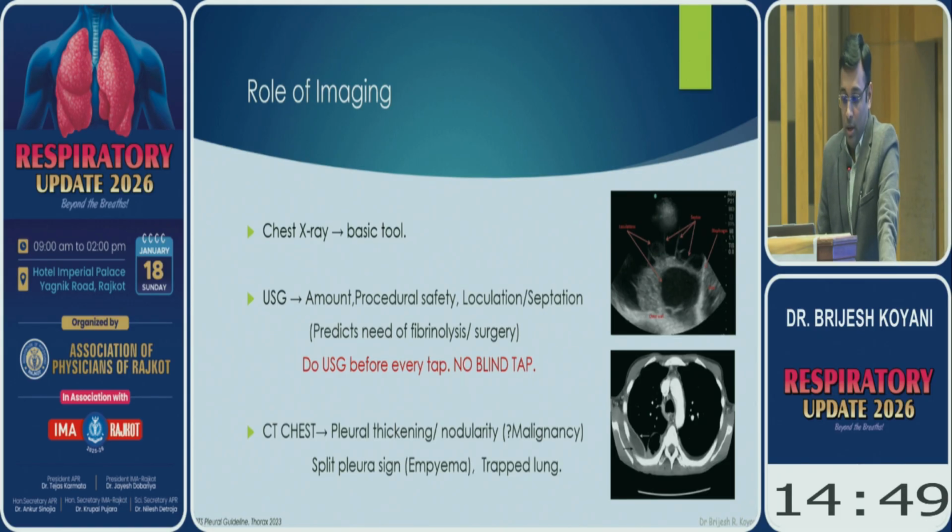It can help identify pleural thickening or nodularity, which can help diagnose whether the patient has malignancy. In the second image in the lower part, you can see the CT chest with the split pleura sign in the right lung. It may help predict whether the patient has empyema or not, and it can always give a clue about trapped lung.